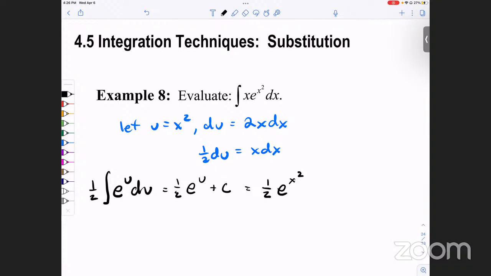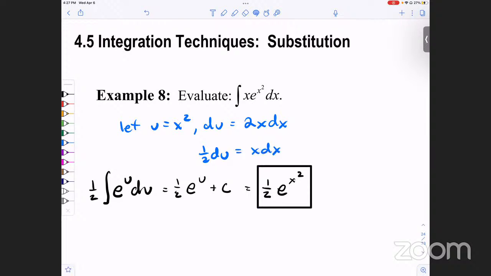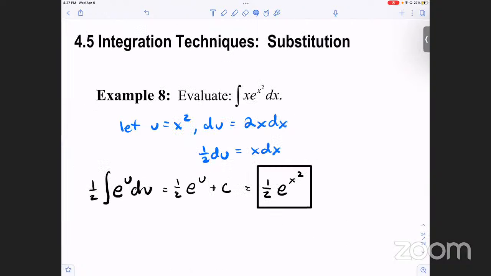The derivative of e to the x squared is itself times the derivative of the exponent. So that's going to be 2x times a half, which gives us our x dx, right? I think this is good. I feel good about this. So we get 1/2 e to the x squared plus some constant. Oh, we forgot our c.